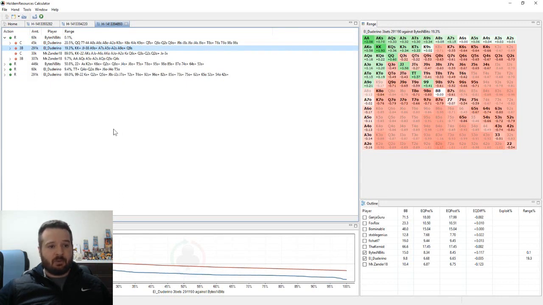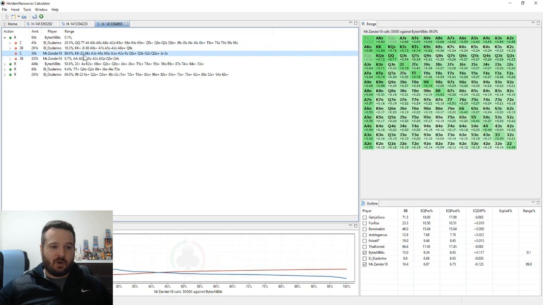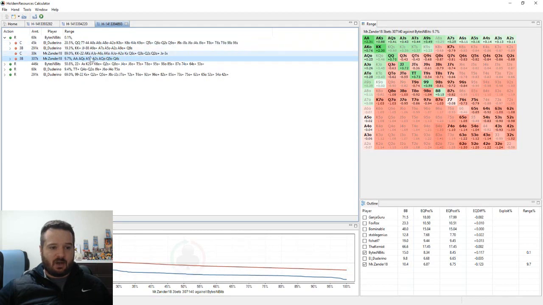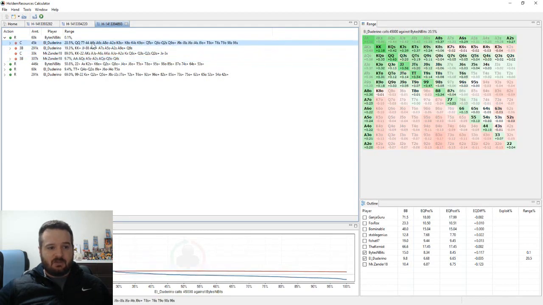So against players who aren't playing perfect, I would say that developing a min-raise strategy could be kind of nice, because you are actually generating fold equity where you shouldn't, and you could see how wide people should be. So this gives you kind of an indicator of what kind of stats you should be looking for when you're thinking about developing that min-raise range.